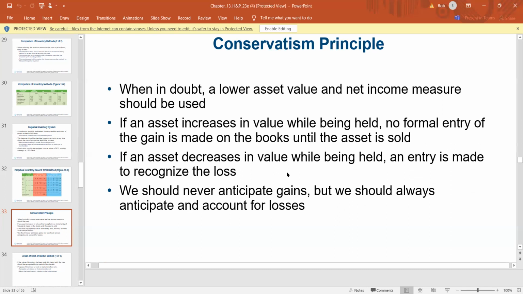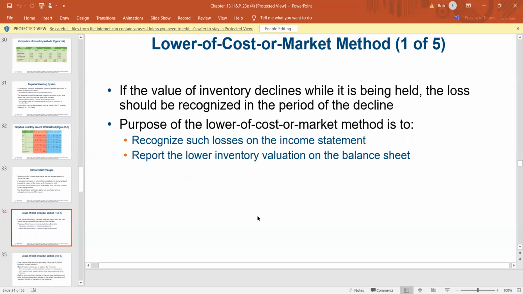But if it decreases in value, you have to recognize the loss. Say my company bought some land and then the land turned out to be toxic. And our land turned out to be worthless. That loss, we have to recognize immediately. Conservatism says we never anticipate gains. We always anticipate and record the losses.